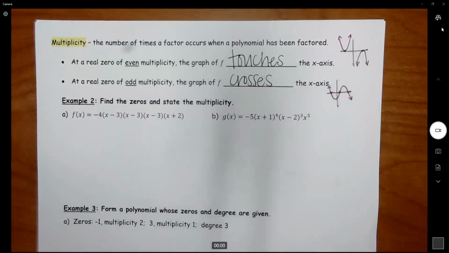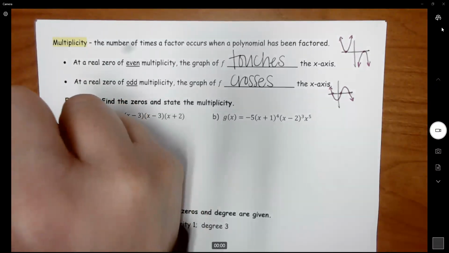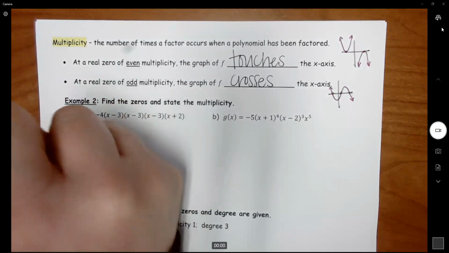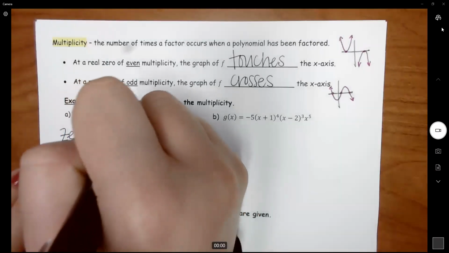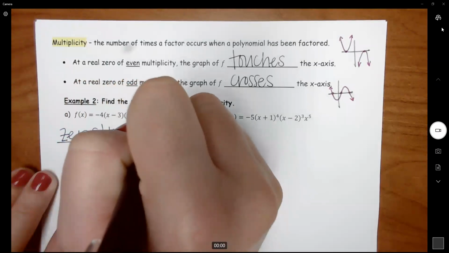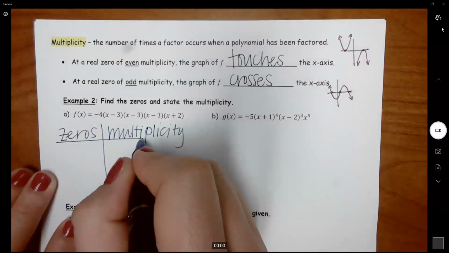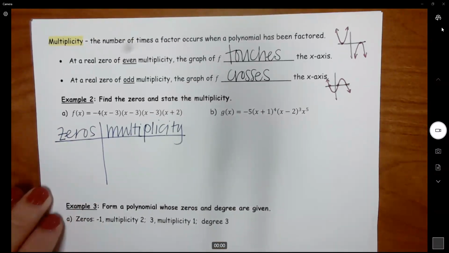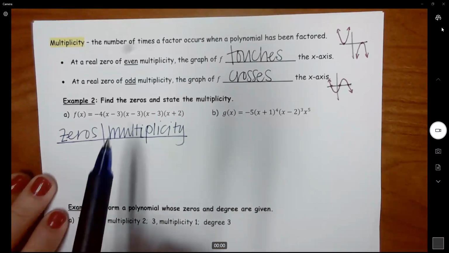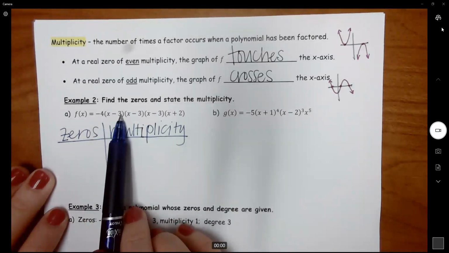So find the zeros and state the multiplicity. Okay, so I'm going to make a little chart. Right here at x minus 3, what is my 0 there?